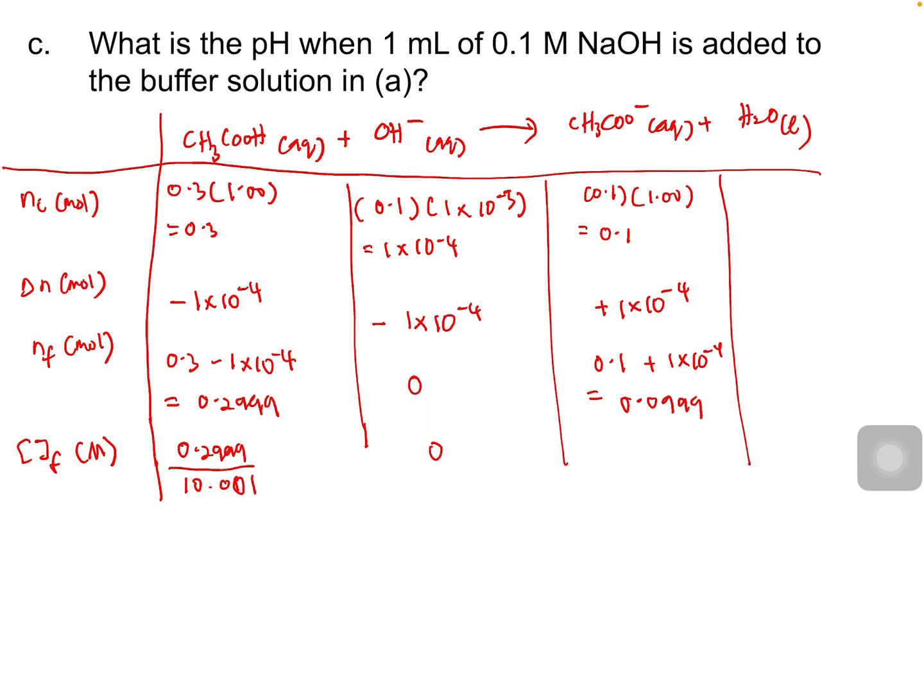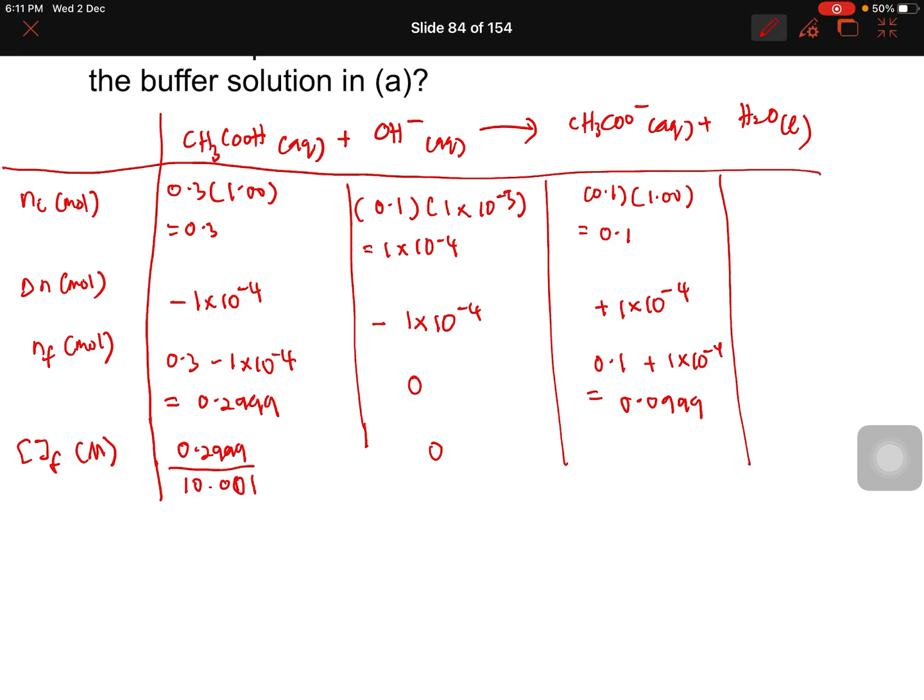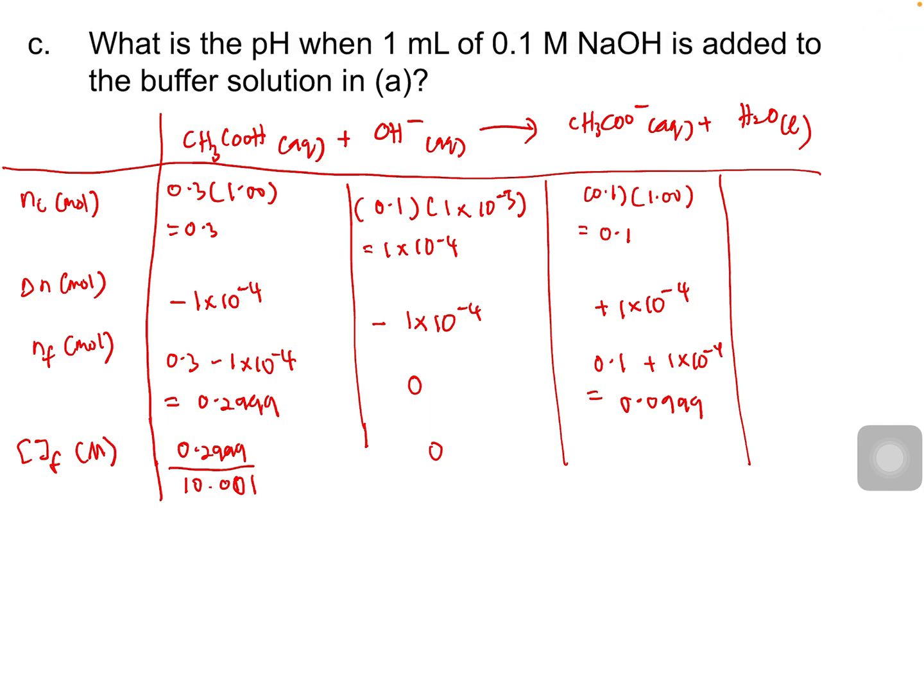Okay, sebab ni 1 mil. Tadi 10 mil kan? Yang ni 1 mil. Okay, 0.0999 divide by 0.1. Okay, I cut it short.